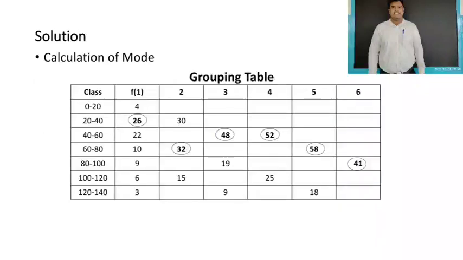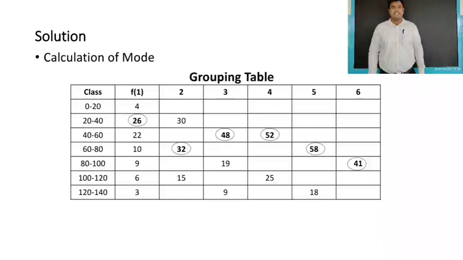Coming to the calculation of mode, I need to first prepare a grouping table. The grouping table is a 6-column table where the first column will be the frequency, and the second column will be the summation of frequencies in groups of 2 starting from the first frequency. 4 plus 26, I get 30, next 22 plus 10, I get 32.